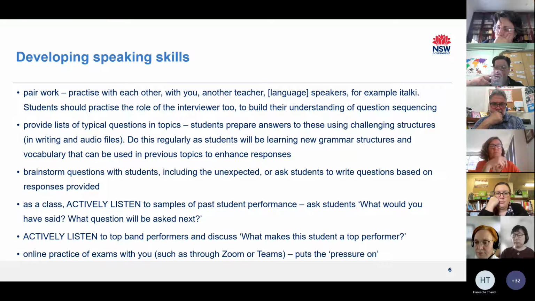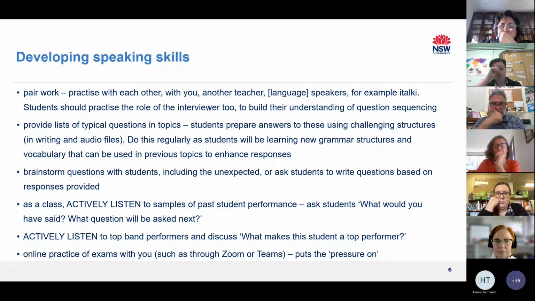When developing students' speaking skills, choose a variety of activities and strategies that will suit both HSC style and non-HSC style assessments, both of which we're going to look at in detail later.